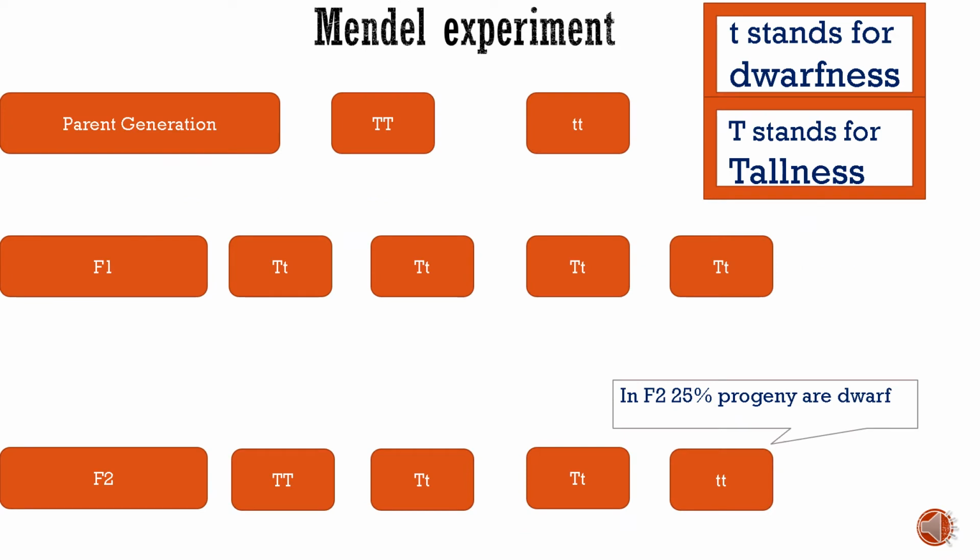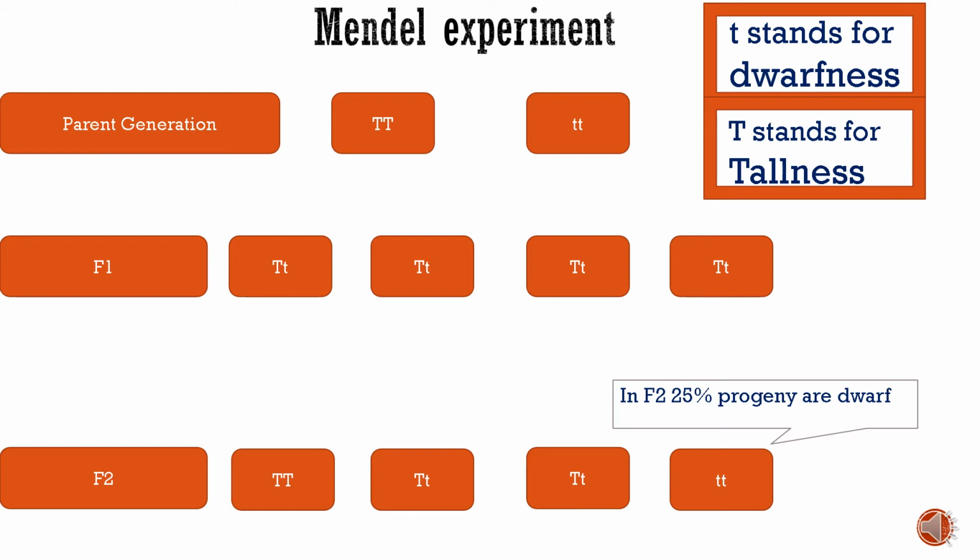In this picture, you will clearly understand how traits are transferred from parent generation to offspring. In the parent generation, the first parent has tallness as genotype and the second parent has dwarfness as genotype. Genotype is basically gene codes.